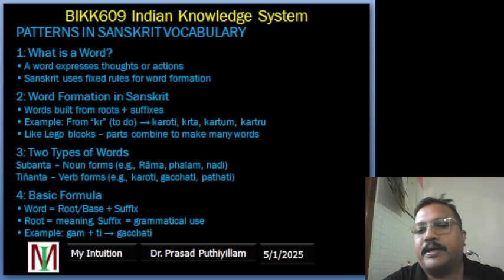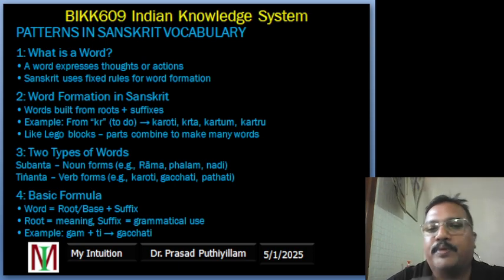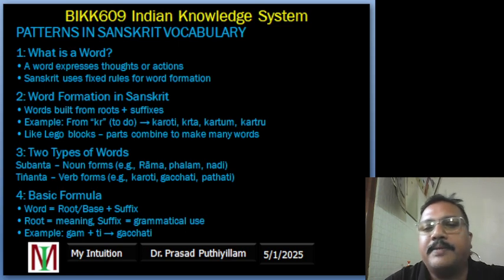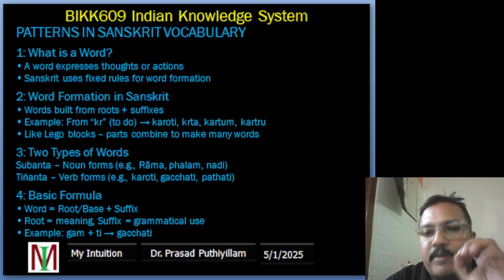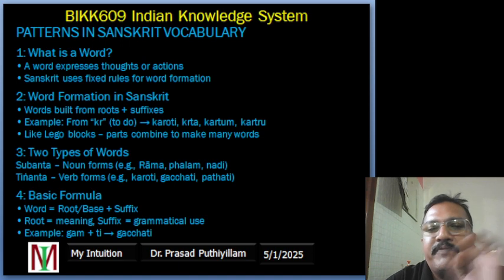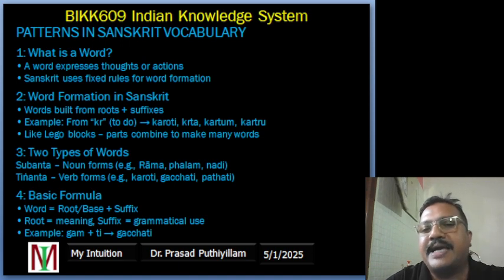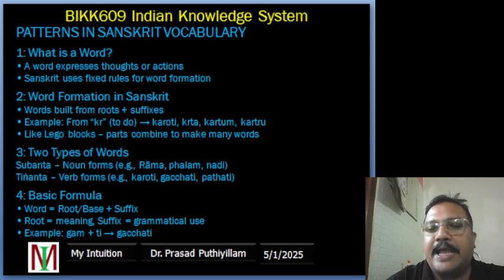Action is very important in computer languages. Whether spoken or written, words give shape to our inner ideas. In Sanskrit, words are not formed randomly. Every word follows a precise rule and has a structure, which makes the language highly organized and logical. Whenever the word logical comes up, it connects to computer language.